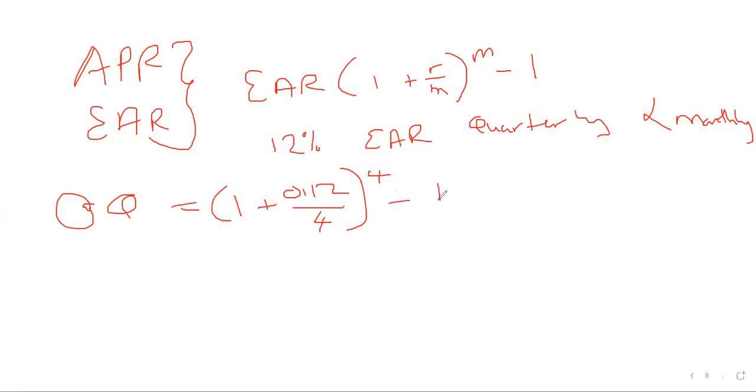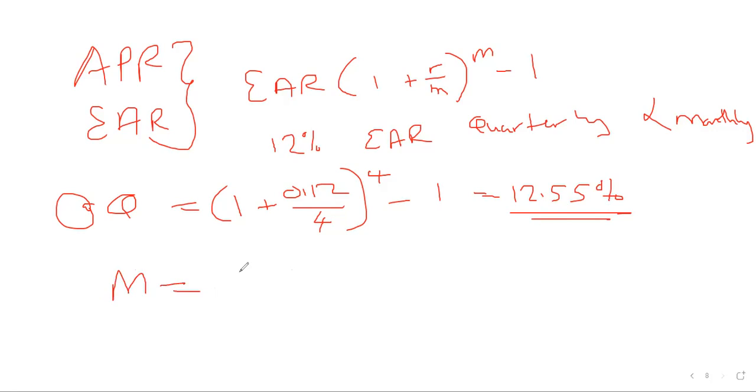So 0.12 divided by 4, plus 1, to the power 4. So we're going to have 12.55%. That is the effective annual rate we're going to have.